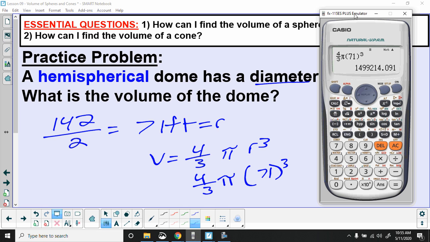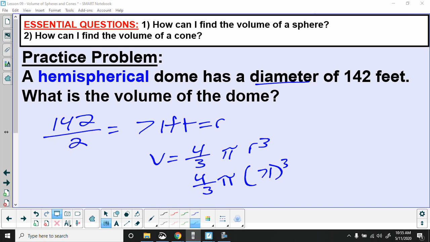All right. This is where I'm going to drag this off the screen so I can see it, but you can't. That way I can write this number down. 1,499,214 and 10 feet cubed.